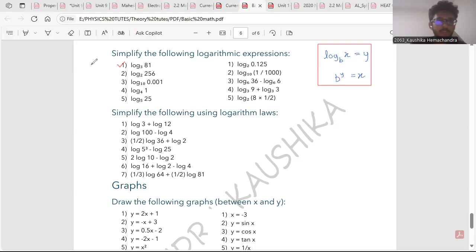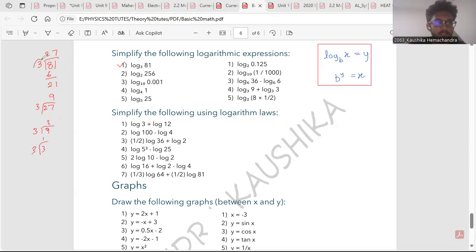So you can divide 81 by 3 and see. 81 divided by 3 is 27. 27 is again divisible by 3, that's 9. 9 is again divisible by 3, that's 3. 3 is divisible by 3.